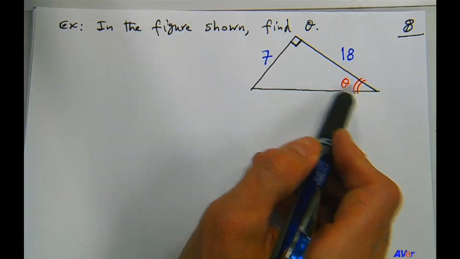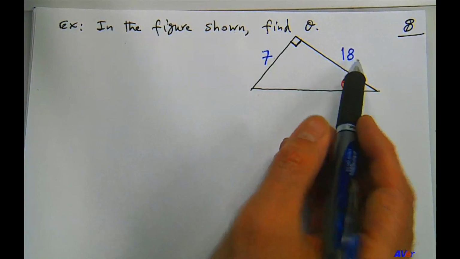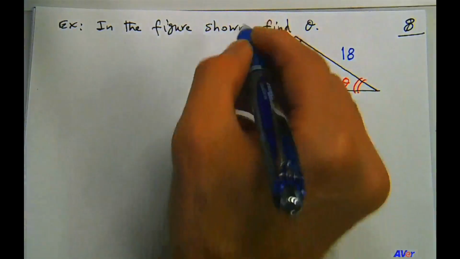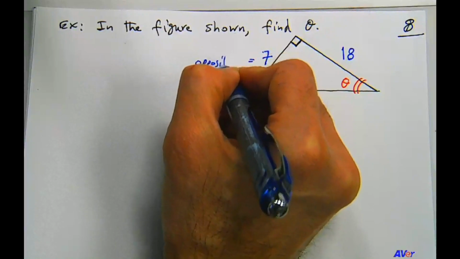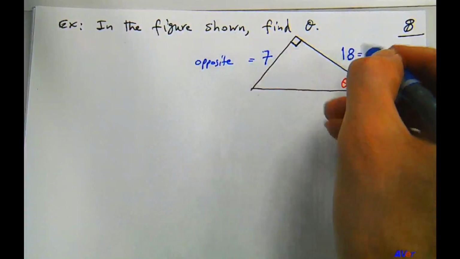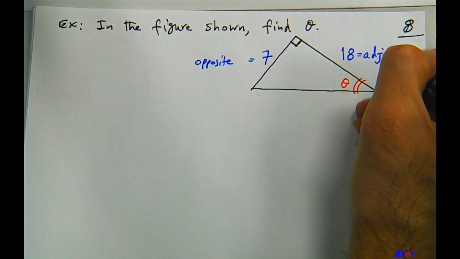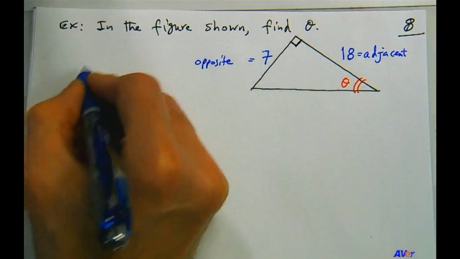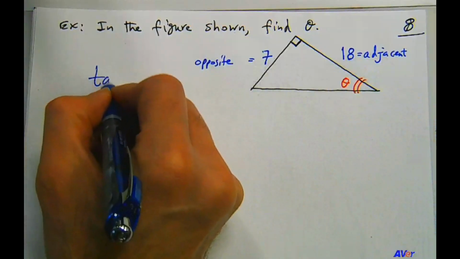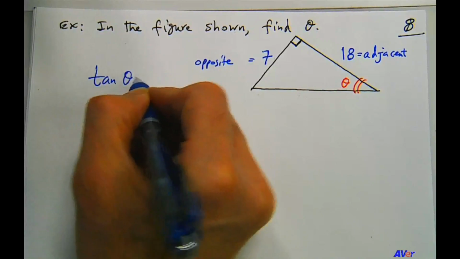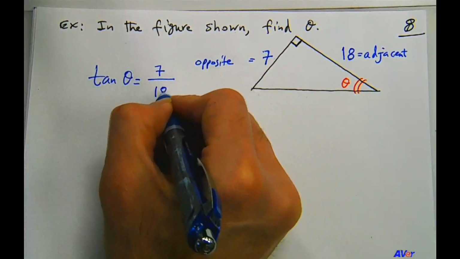So tangent of theta will be opposite divided by adjacent. So 7 is the opposite side we are given, and 18 is the adjacent side. So let's use the tangent of theta, which would be 7 divided by 18.